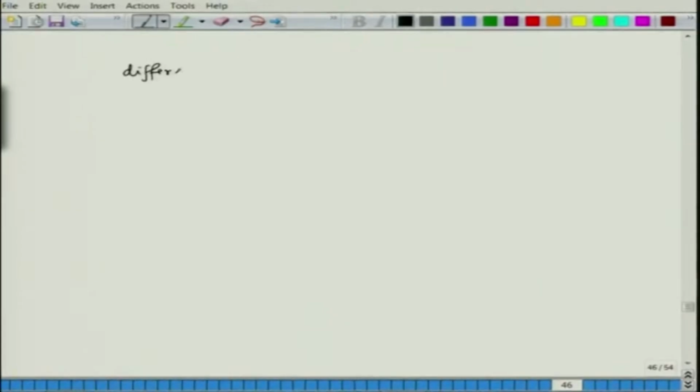Now, what we can write is the differential useful heat gain rate, or dQu dot. Why do we call it differential?